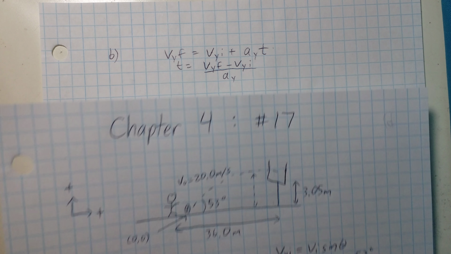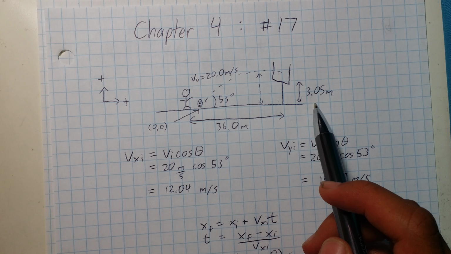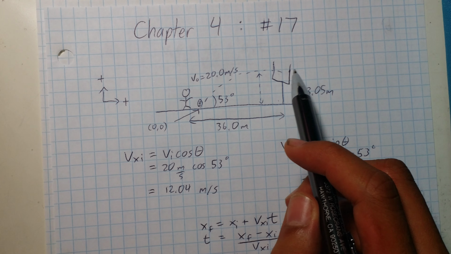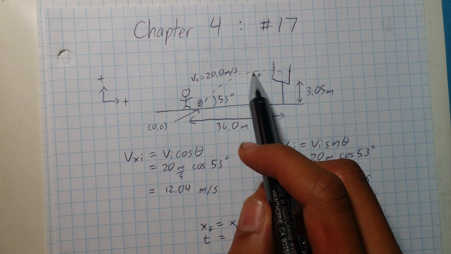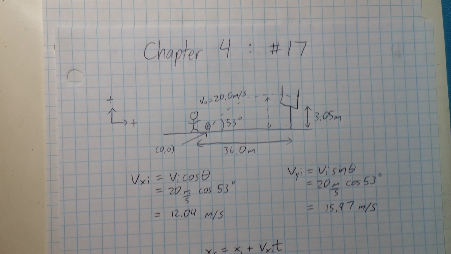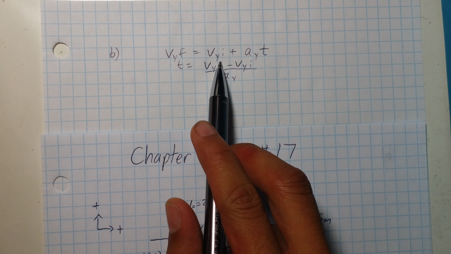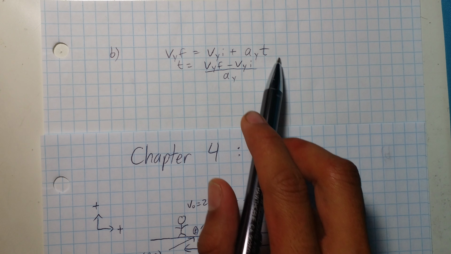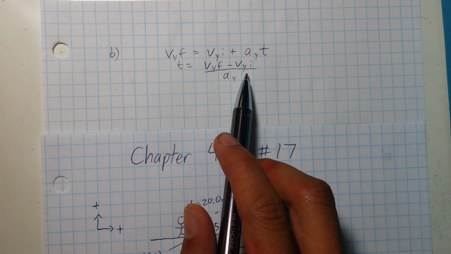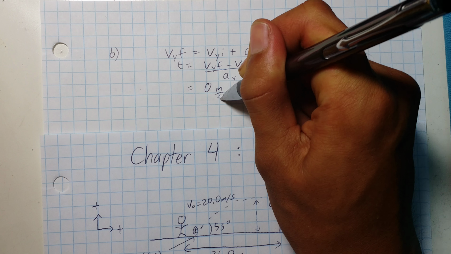So from our diagram, we know the ball travels in a parabolic shape, and we know at the top of the parabola right there, the velocity is going to equal 0. So that means our final velocity, since what we're calculating now is when the ball is at its maximum height, would be 0 meters per second.